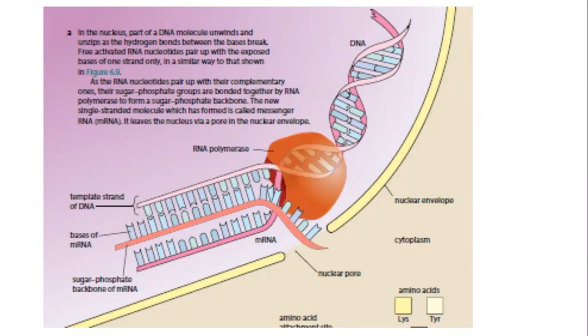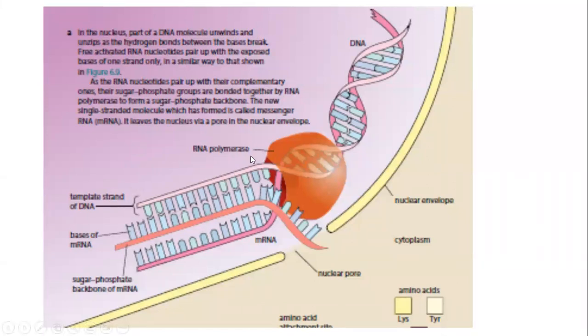So the strands are going to unwind, and the template strand is going to be used to make your messenger RNA. Just like in replication, complementary nucleotides are going to start to pair up with your DNA. Whatever the nucleotide of DNA is, in front of that you will end up getting its complementary nucleotide.